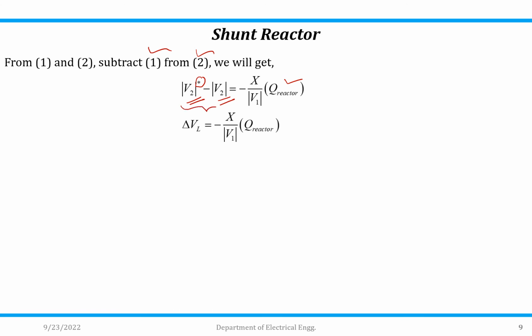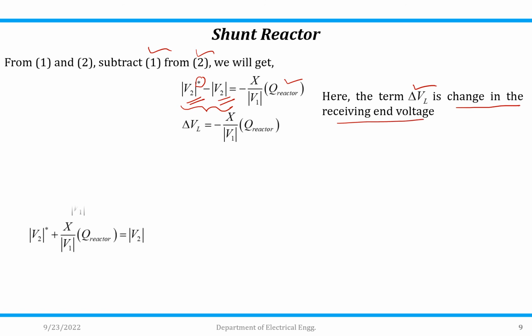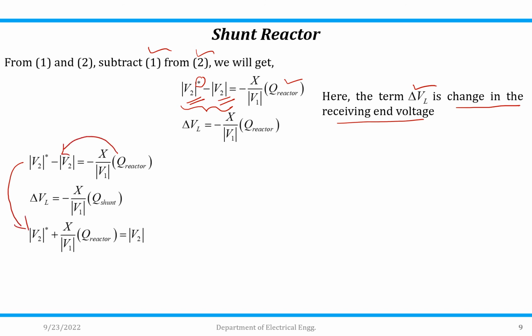So we can write this as delta VL equal to minus X upon V1 into Q reactor. Here the term delta VL is the change in the receiving end voltage. Again taking the same expression and shifting terms, we get V2 star plus X upon V1 into Q reactor equal to V2.